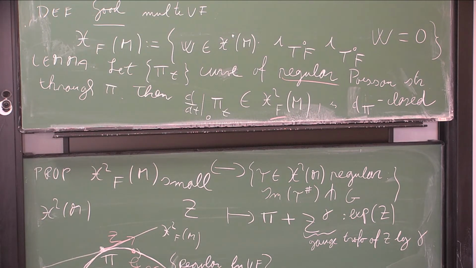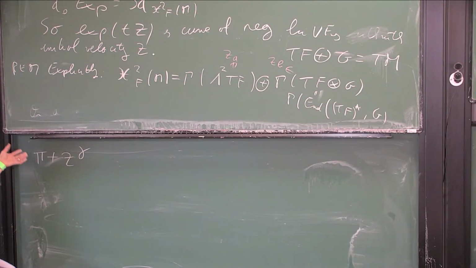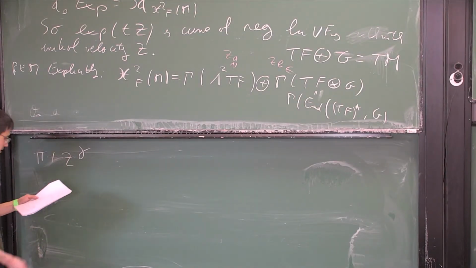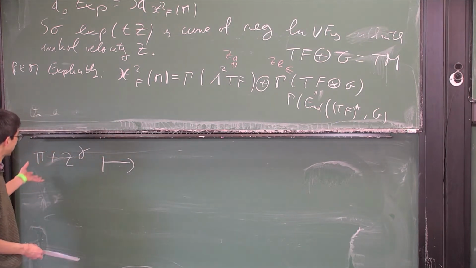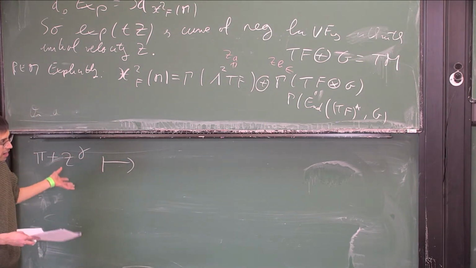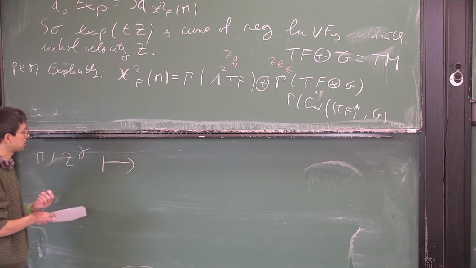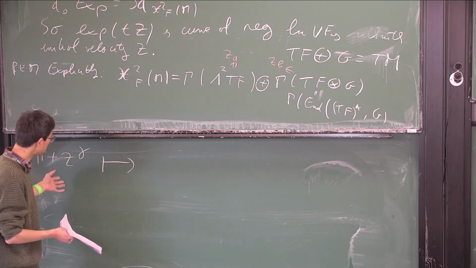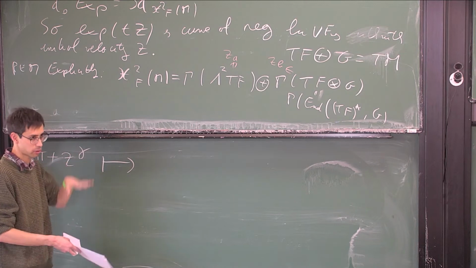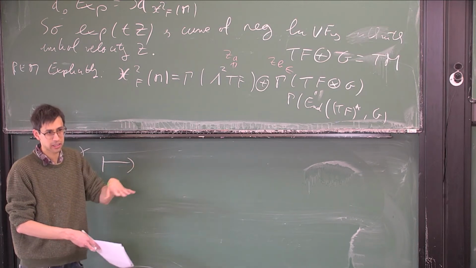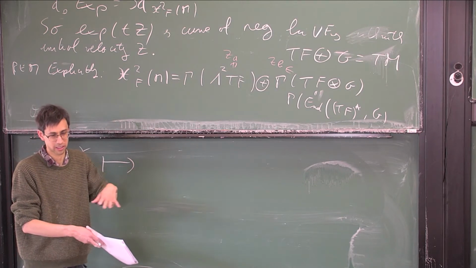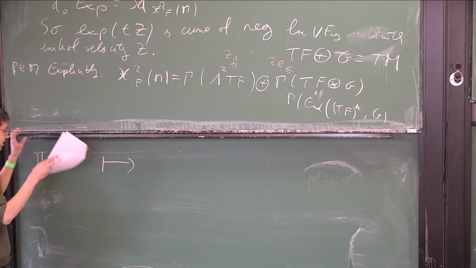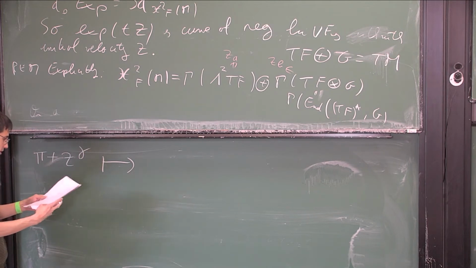This thing here, I'm telling you, is a regular bivector field. How does it look? I can say how it looks by specifying the image of this sharp map, which will be a distribution, and then a non-degenerate two-form on it. That's the analog of saying that regular Poisson structures correspond to symplectic foliations.